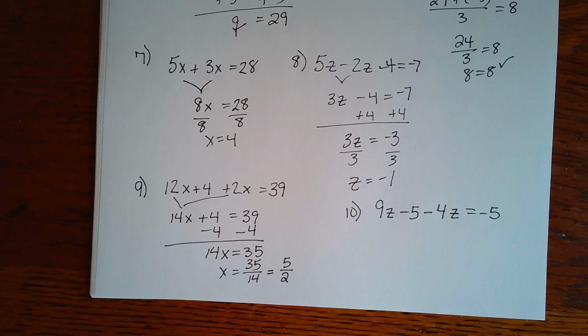Now, we know 14 does not go into 35 evenly, and that's okay. Fractions happen. So x equals 35 over 14. However, you cannot leave a fraction that is able to be reduced. So we reduced it by dividing a 7 out of the top and the bottom. So we ended up with 5 over 2.